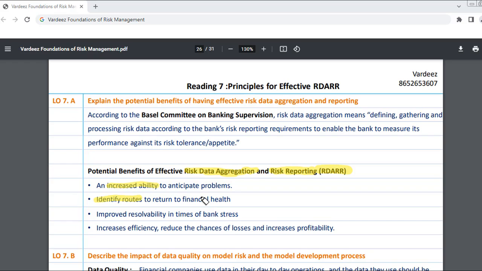Now this is also important. If you know what exactly the company is facing, what risk the company is facing, you can actually work upon that quickly. Improved resolvability in times of bank stress increases the overall efficiency, reduces the chance of losses, and also increases the profitability. So these are some of the benefits as well.